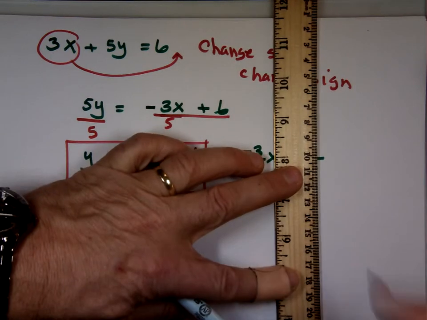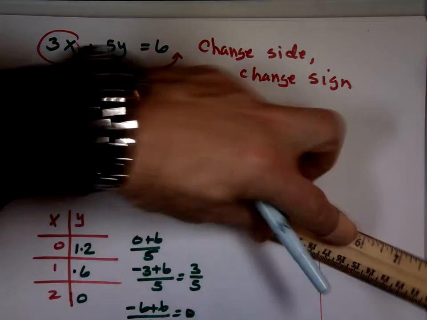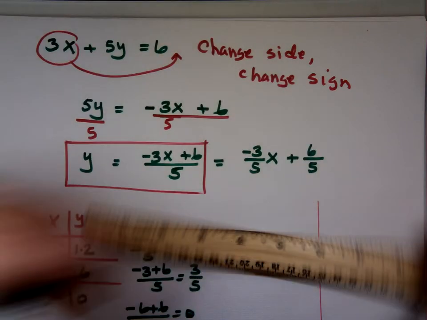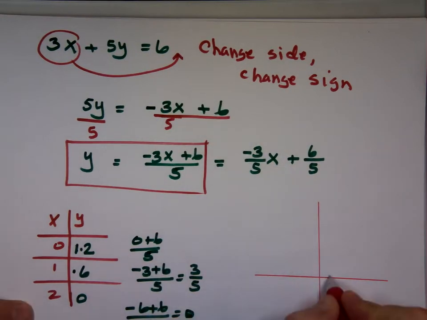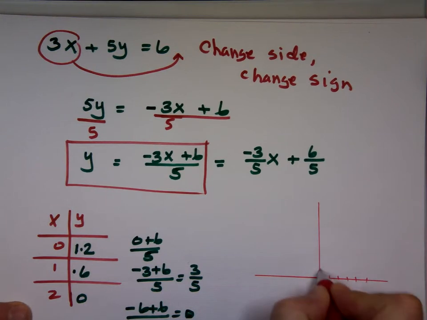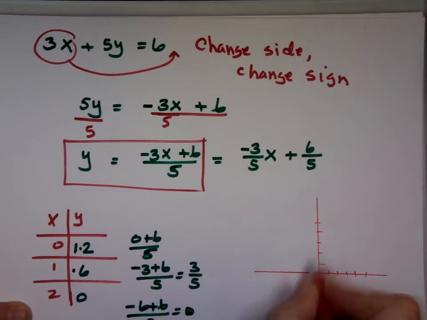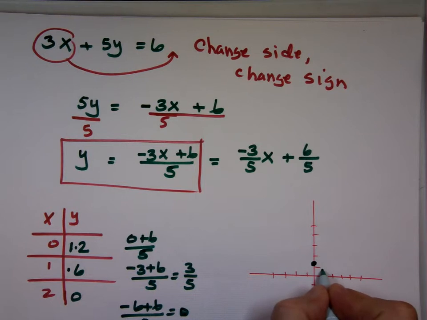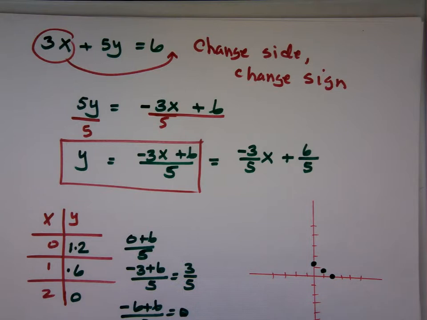Again, if I connect these points, 0 and 1.2 somewhere here, 1 and 0.6 somewhere here, 2 and 0 somewhere here.